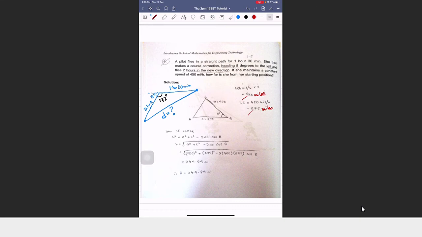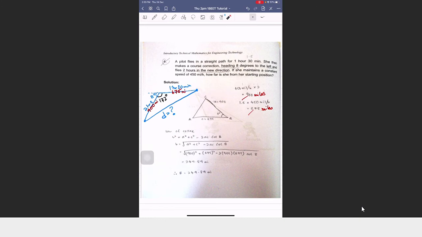Which means this is 675 miles and this is 900 miles. So you have the distances. Then you want to find the other distance using your law of cosine.